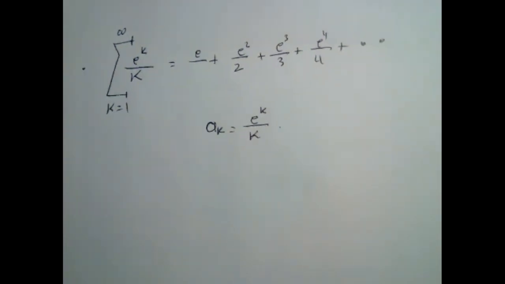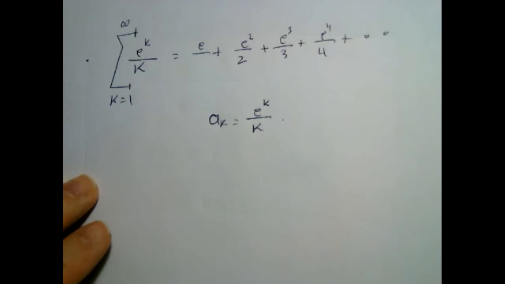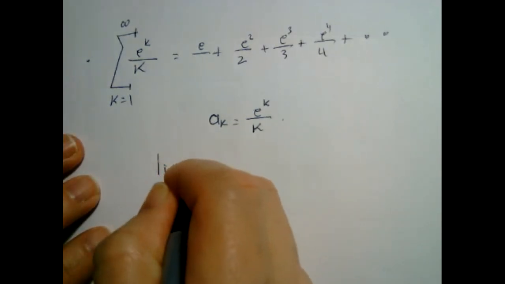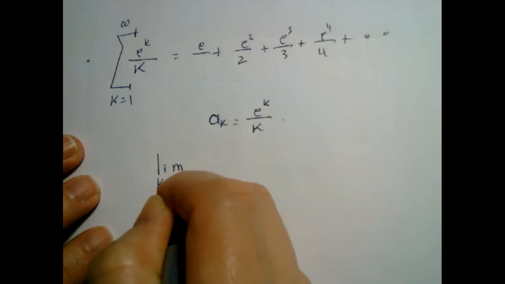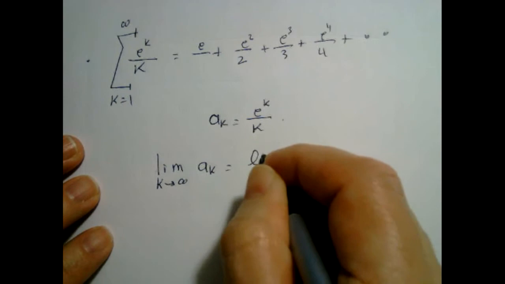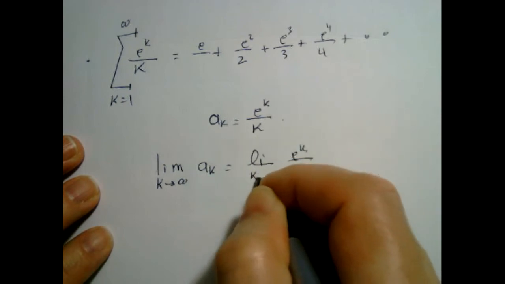And now the question is, does this series converge or diverge using the divergence test? That's really what I'm interested in, because that's the only thing we know. So the limit as k goes to infinity of a_k. The question is, what happens to those terms?